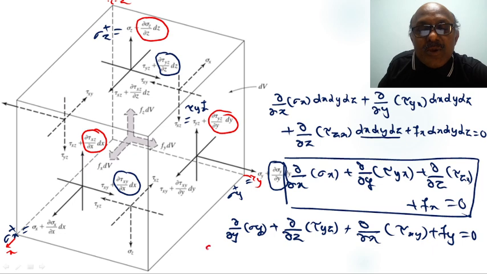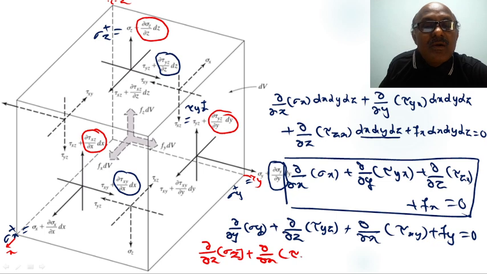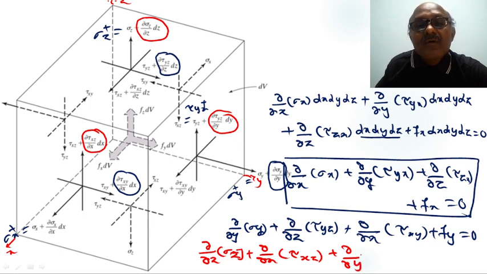Now this equilibrium equation can be written as: first of all, dou by dou z of sigma z plus dou by dou x of tau xz plus dou by dou y of tau yz plus fz is equal to 0.